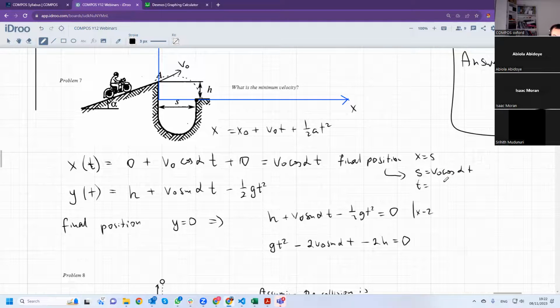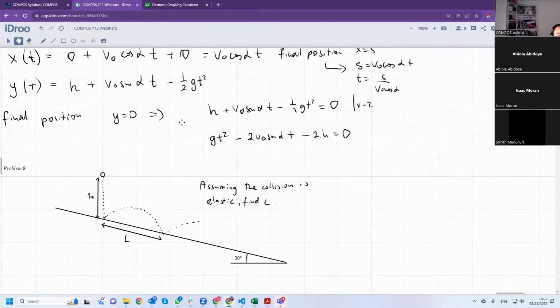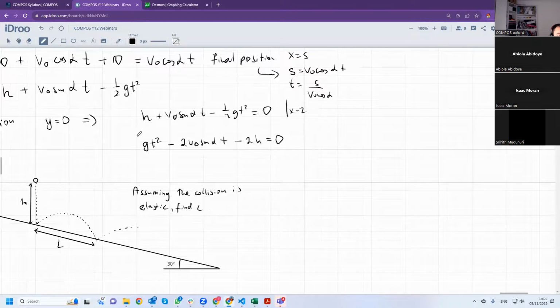So t is s divided by v0 cos alpha. That doesn't help, honestly. But okay, let's do the quadratic first.